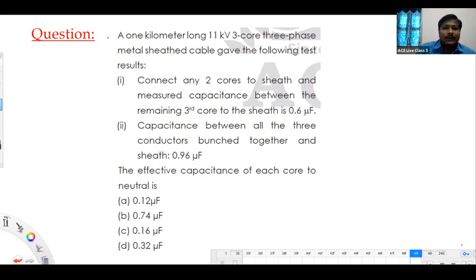A 1 kilometer long, 11 kV, 3-core, 3-phase metal sheathed cable gave the following test results. Experiment number 1: connect any 2 cores to the sheath and the measured capacitance between the 3rd core and sheath is 0.6 microfarads. Second: the capacitance between all the 3 conductors bunched together and sheath is 0.96 microfarads. Effective capacitance of each core to neutral is.